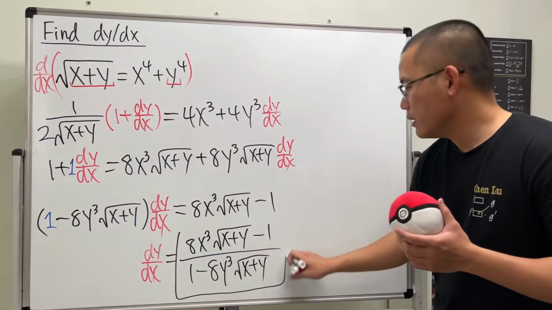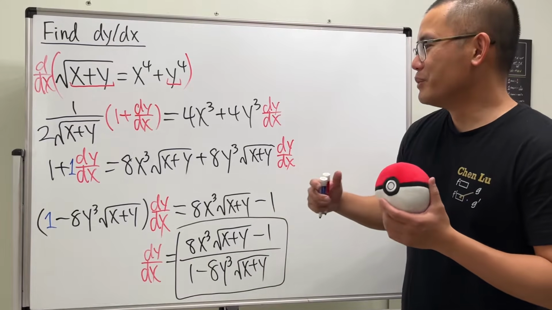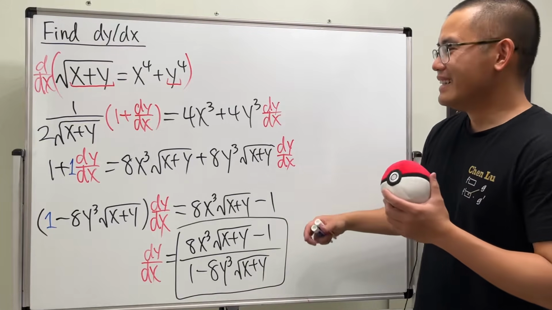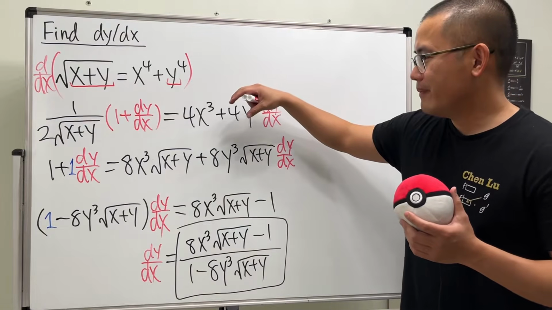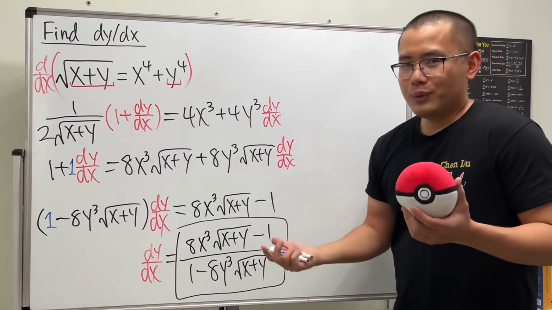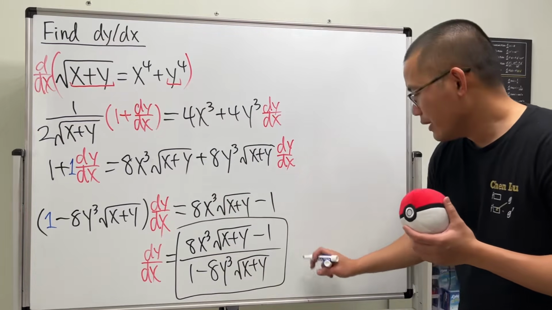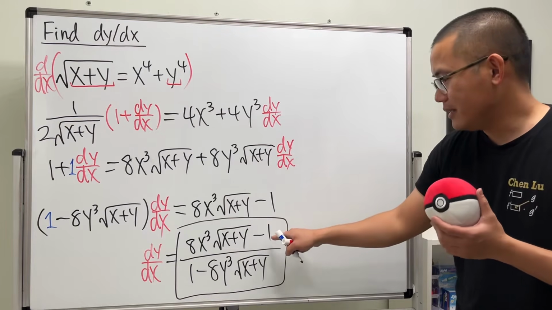So this is okay. Now, if you are moving things around in a different order, if you move this to the right instead and all that stuff, what's going to happen is just you switch the order of subtraction. That's all. So the answer in the back of the book, it's actually this.